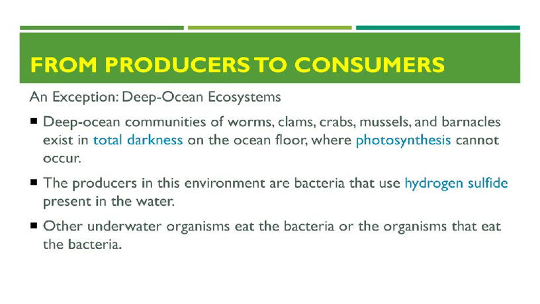The major exception from this is in the deep, deep ocean ecosystems, where there's total darkness, so there can be no photosynthesis. What we see here is certain bacteria use hydrogen sulfide, which you probably don't need to know the chemical formula, but it's H2S. It's similar to water.